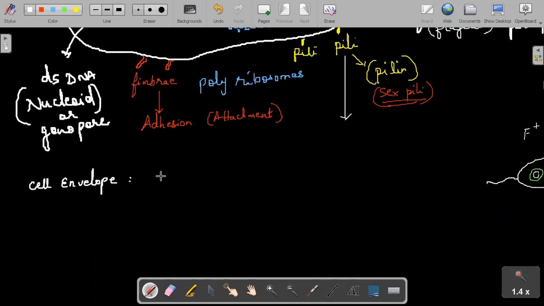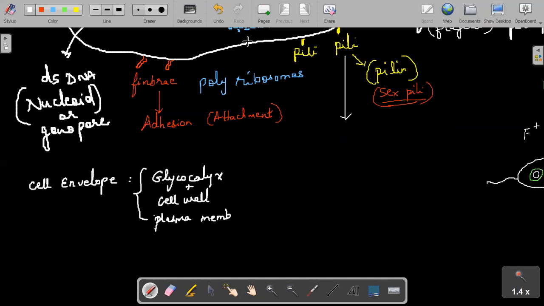Okay, so cell envelope is nothing but glycocalyx plus cell wall plus plasma membrane. This together is the cell envelope. Okay.